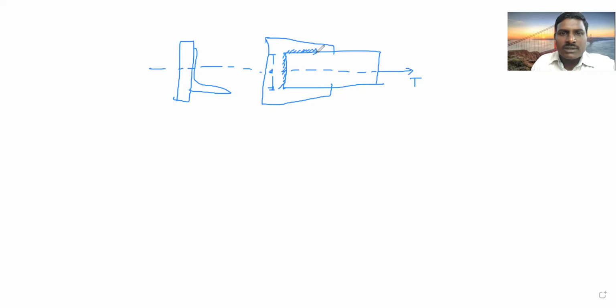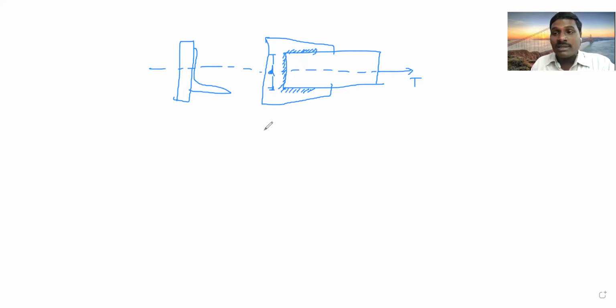I think I have not shown the weld here for this D. So you can again weld. I have not shown it in the earlier figure. No, sir. So please show the welding for this D depth.